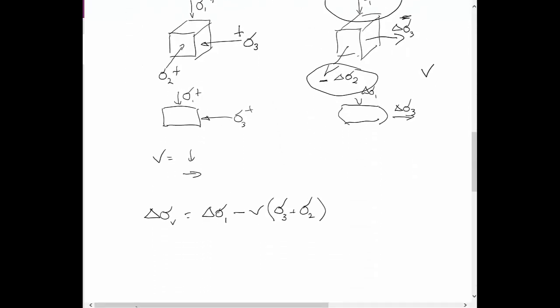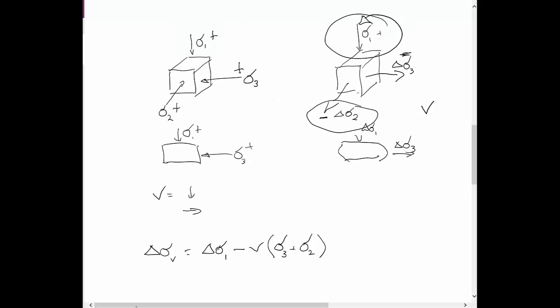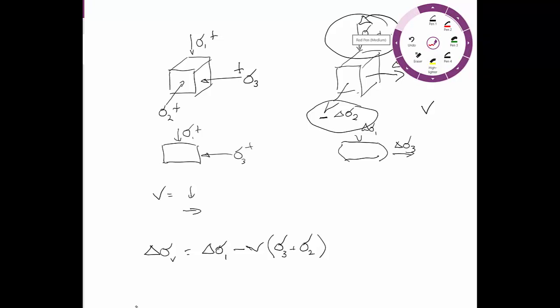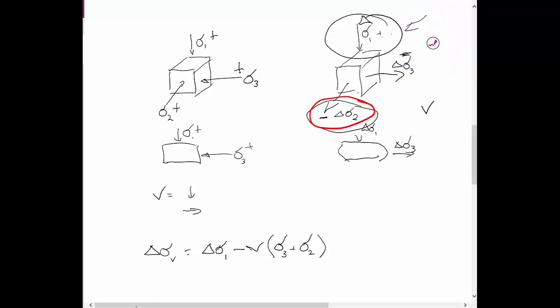So we can look at that now and say that the vertical stress that I've circled here on the right, minus, because they're acting in a negative direction on the right here, this ratio, Poisson's ratio, of sigma 3 plus sigma 2. I'll just highlight them in red, this one and this one.